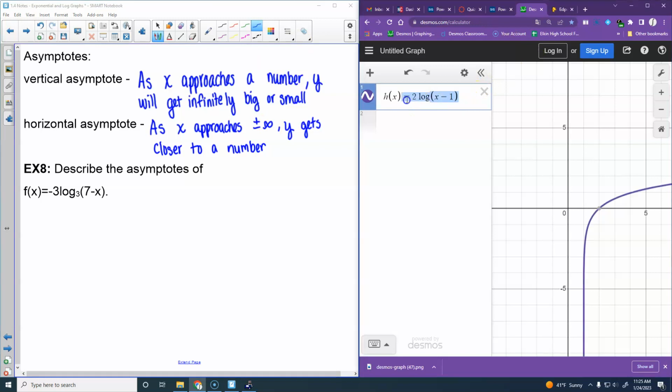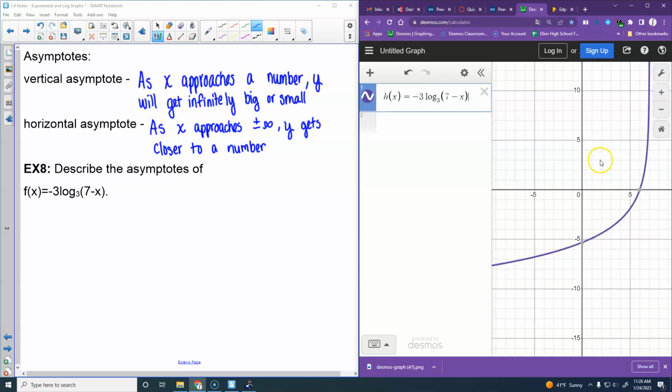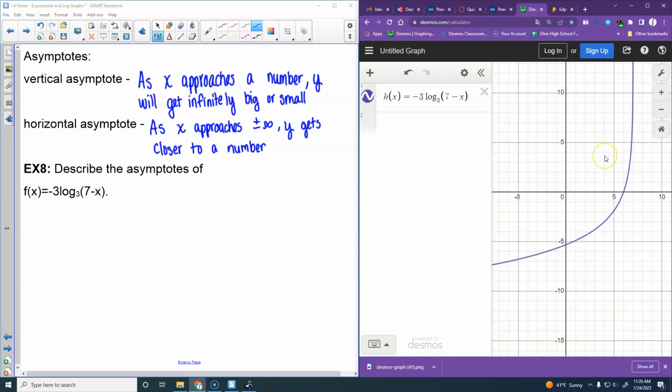This is one of those cases. So if we look at this graph, negative 3 log base 3 of 7 minus x, it looks like we probably have a vertical asymptote here. Let's make ourselves a note right here.